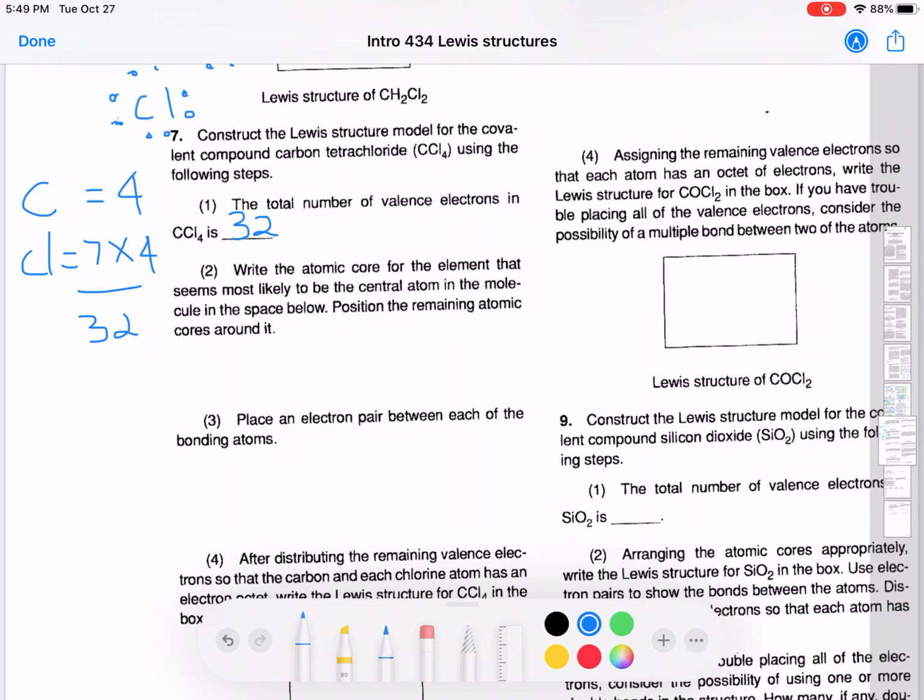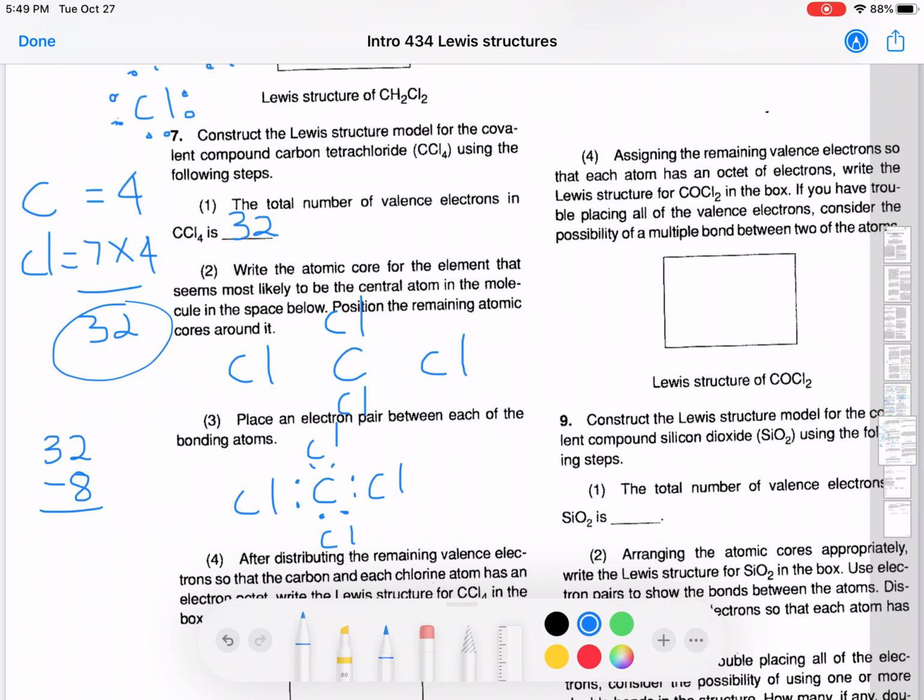And then put an electron pair between each of the bonding atoms. C, Cl, Cl, Cl, Cl. Now out of the 32 valence electrons, we have used up 8 for the bonding. So how many more are left? You are left with 24 electrons, right?